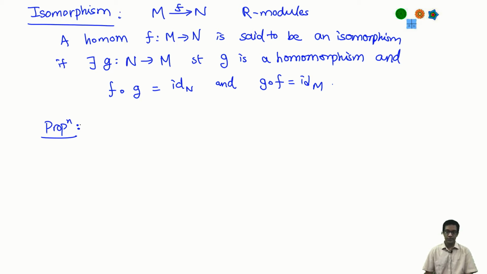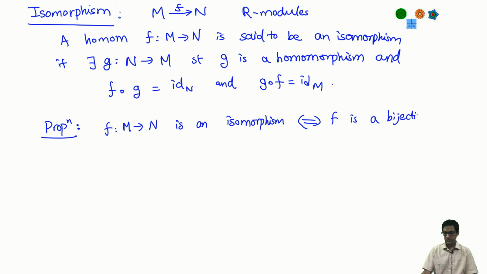The proposition is the following: F from M to N is an isomorphism if and only if F is a bijective homomorphism. Bijective just means it's a one-to-one, onto map of sets. So from M to N it should be a bijection and it should be a homomorphism.